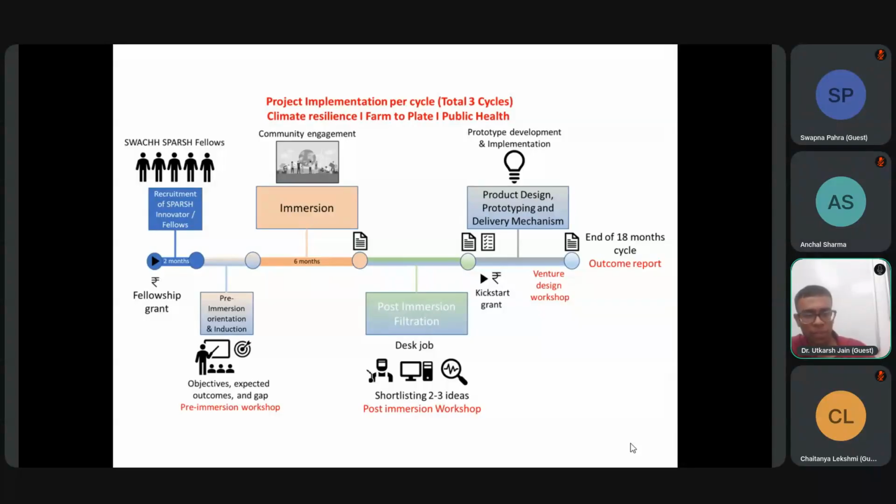We will immerse them, guide them, and develop the products, and finally we will try to bring and implement those in the market. So that is our target, that during the next 5 years we will be working on 3 domains to really bring a change, bridge a gap where we are not transforming the laboratory models to commercialization.